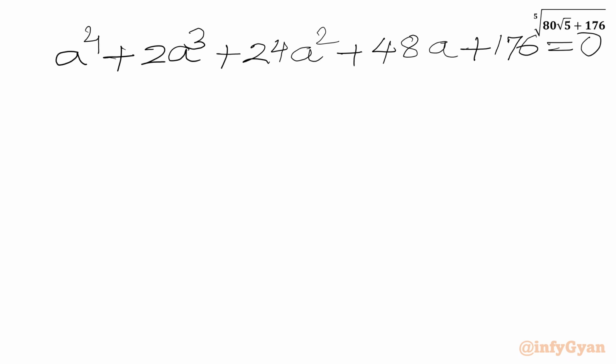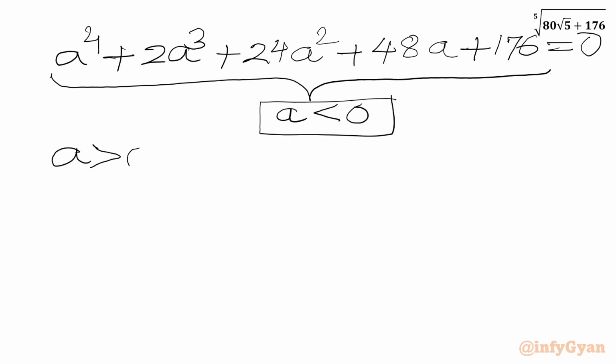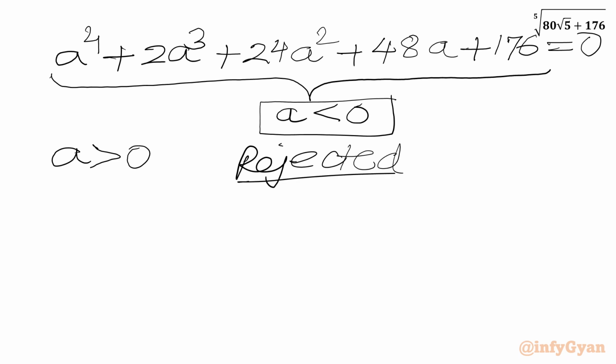Now we can pass one statement here. You can see all coefficients are positive. So the real value of a which will satisfy this equation will be negative. Now our condition on a was that a is positive. That means we will be getting complex solutions. So we will reject this equation as we are looking for real a.